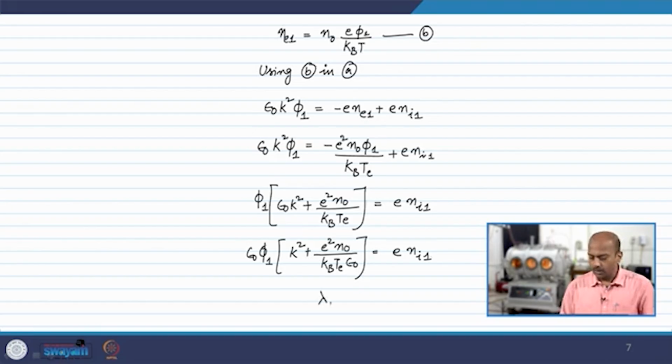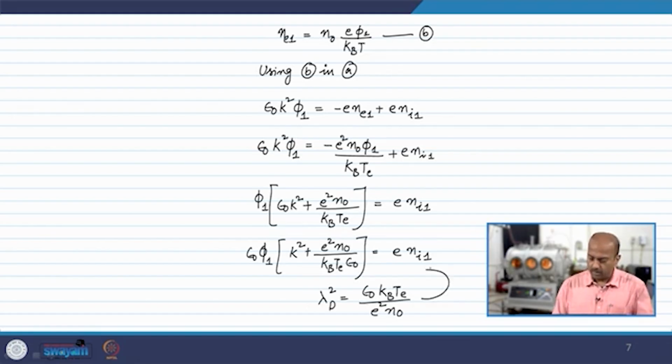Now, we know that the Debye length lambda d square is epsilon naught kBTe divided by e square n naught. So, this is the factor that appears here as the second term within the bracket, resembling the Debye length.